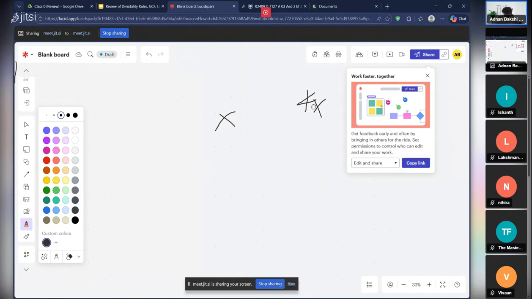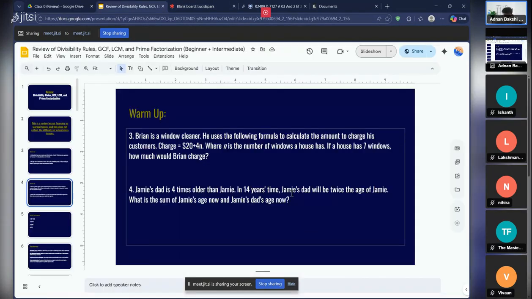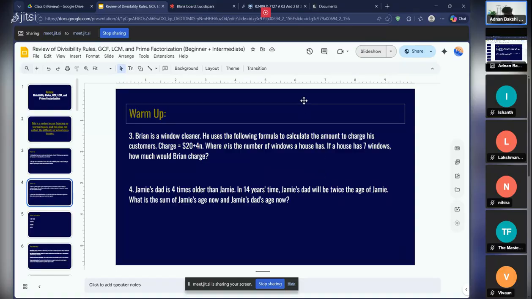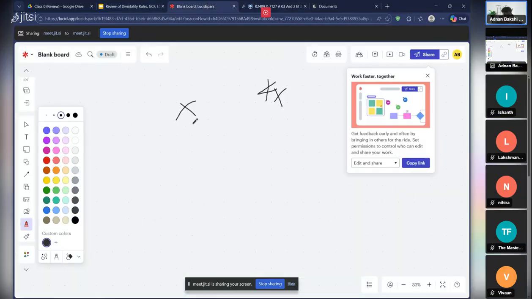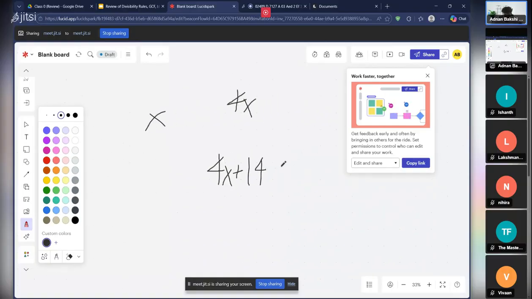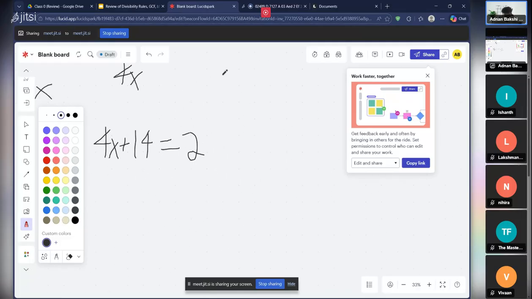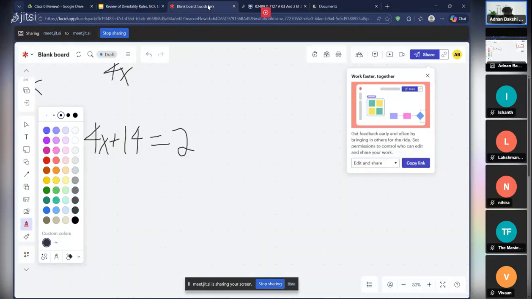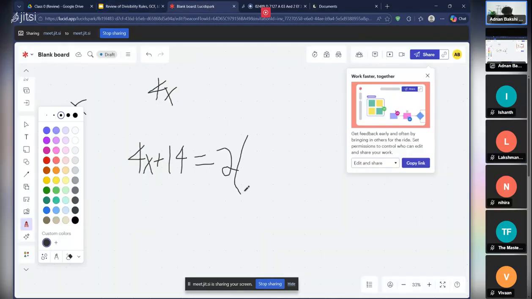It says in 14 years, Jamie's dad will be twice the age of Jamie. So 4X, which is Jamie's dad, plus 14 would be twice the age of Jamie, 2 times X plus 14.